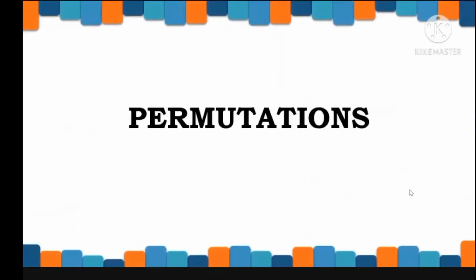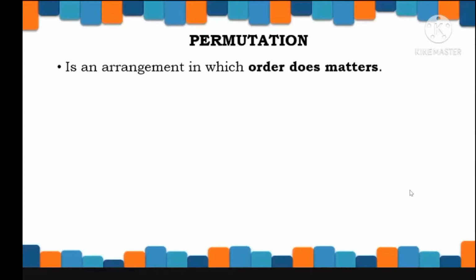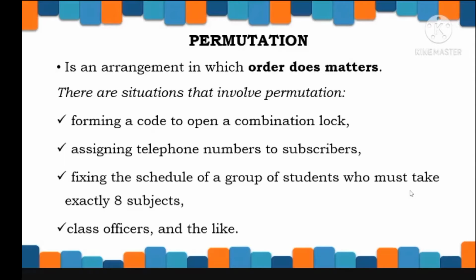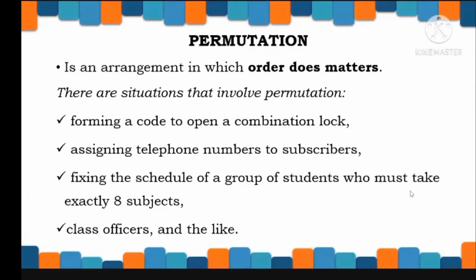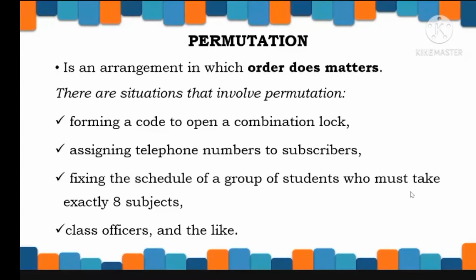Now, let us define permutation. Permutation is an arrangement in which order does matter. There are situations that involve permutation: forming a code to open a combination lock, assigning telephone numbers to subscribers, fixing the schedule of a group of students who must take exactly 8 subjects, or class officers, and the like.